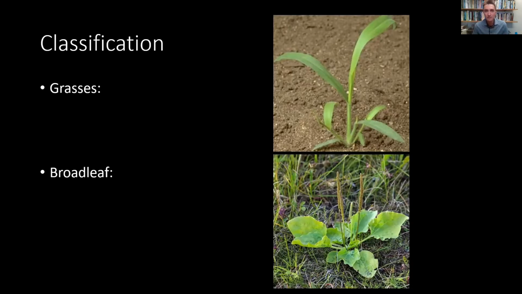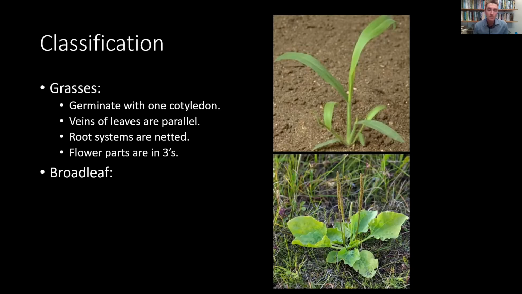We're just mentioning plants that look like grass. They grow tall and skinny with narrow leaves, or broadleaf is anything else that has a flat leaf, kind of like the typical plant that you would draw when you're in kindergarten. So what are some characteristics of these two general categories of plants?